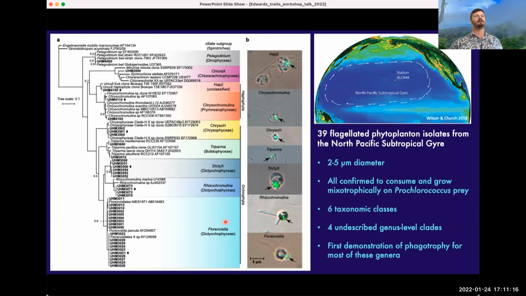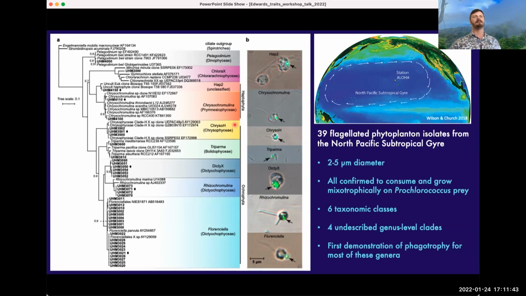On the left here is a phylogenetic tree, which is probably a little bit hard to see, summarizing all this diversity. We've got 6 different classes. There's a large number of dictyocophytes in the genera Florenciella, Rhizochromulina, and an undescribed genus we're calling DictyX, which is just an abbreviation. Then there's the bolidophyte Triparma.